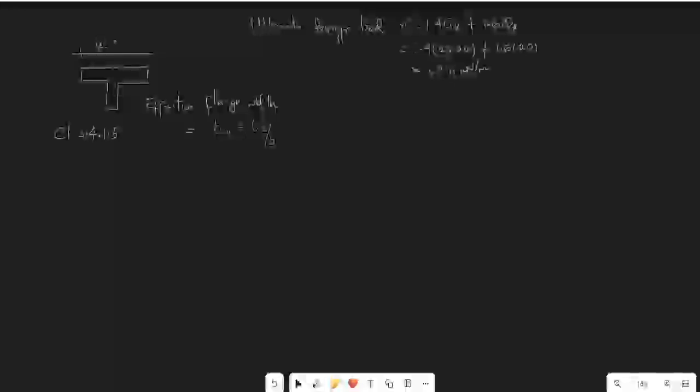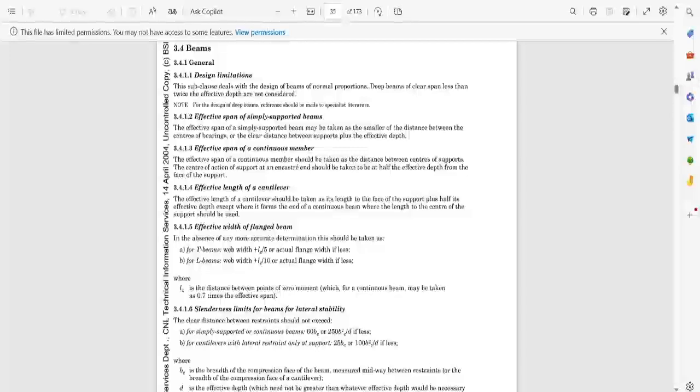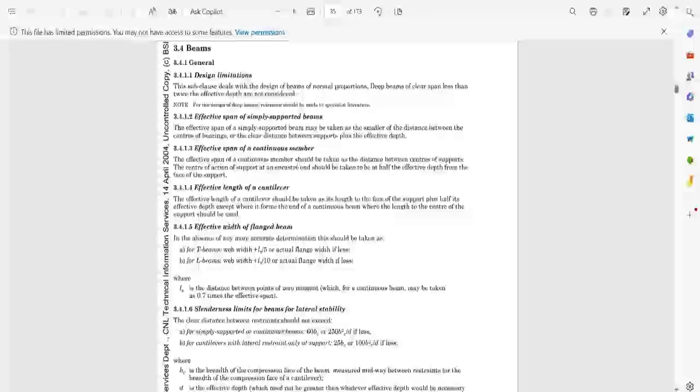All right, in case you did not see that, it says web width plus this Lz over 5 or actual flange width if less. I remember that our flange width is 4 meters. So if whatever we obtain here is less than the actual flange width, we'll be using it.